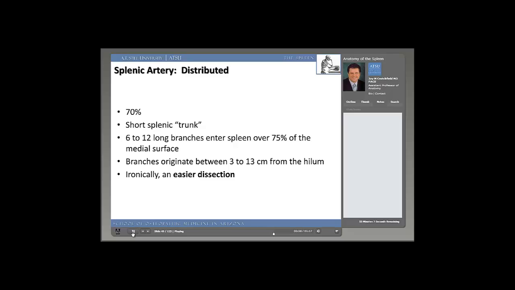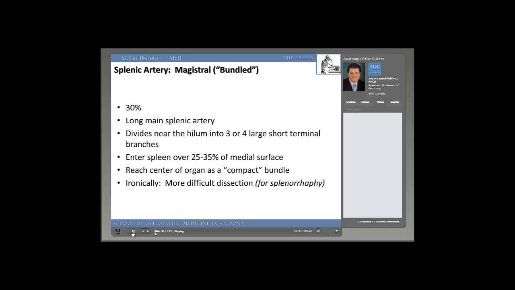We'll see, however, that in terms of performing a splenectomy, because the vessels are spread over the hilum, it actually is more difficult of a dissection to remove the spleen in a distributed fashion over the bundled. This will be much clearer when we look at a picture of it. The other type of splenic artery anatomy is called bundled. This is where the splenic artery is rather long and divides near the hilum.